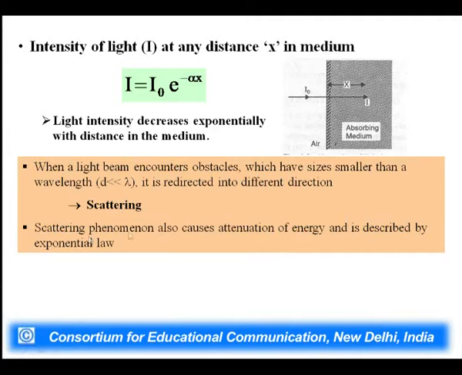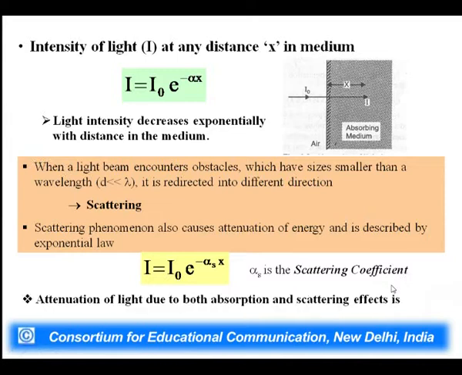The scattering phenomenon also causes attenuation of energy and is described by the exponential law, I equal to I naught e power minus alpha s x. Here s represents the scattering and x is the distance up to which light can be absorbed or scattered. Alpha s is the scattering coefficient.